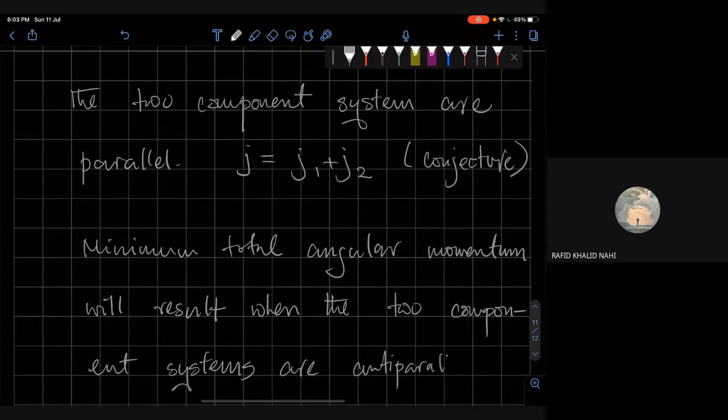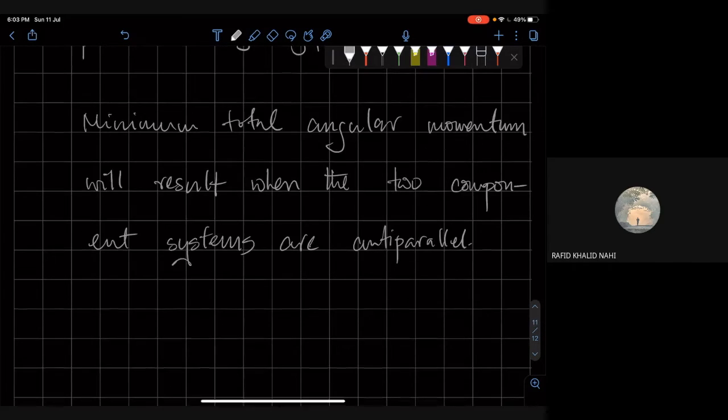Okay? So in that case, J should be J1 minus J2. So this is also a conjecture. Now let's see if these ideas work.